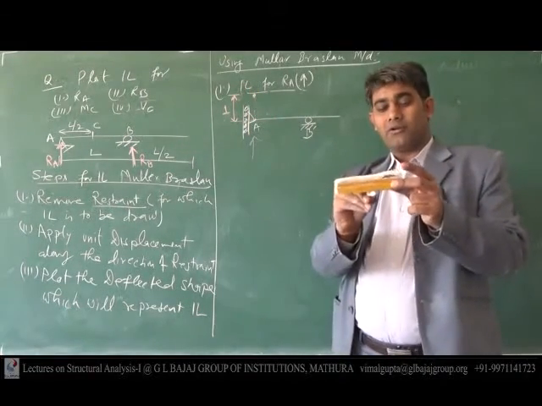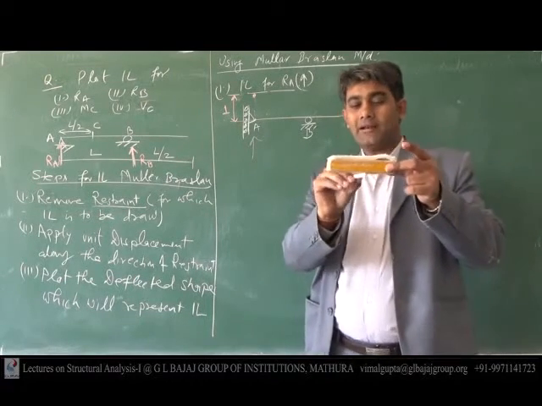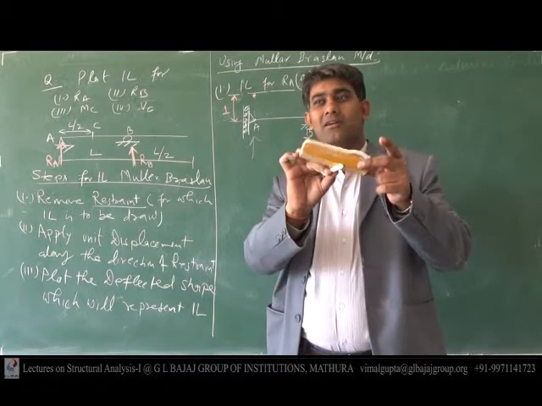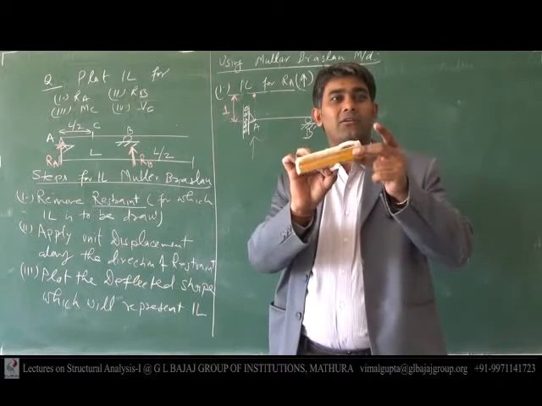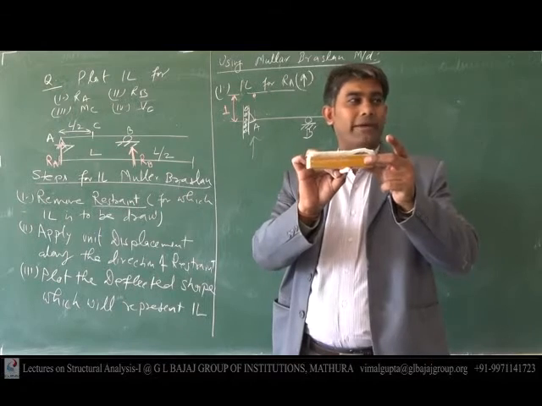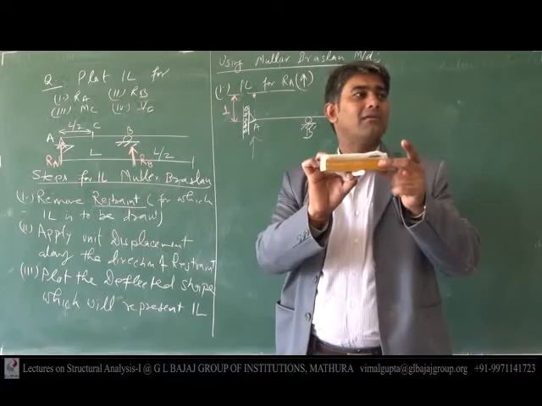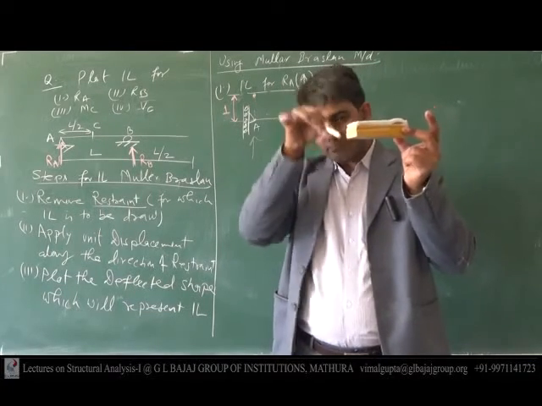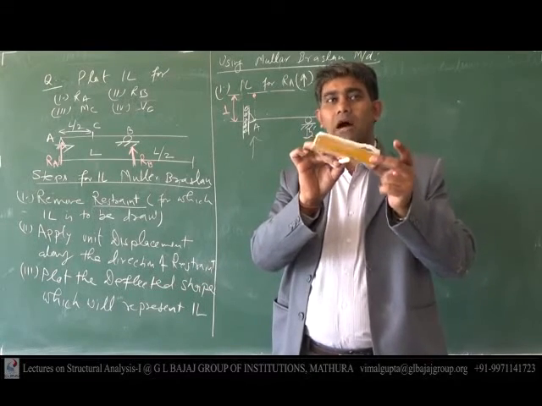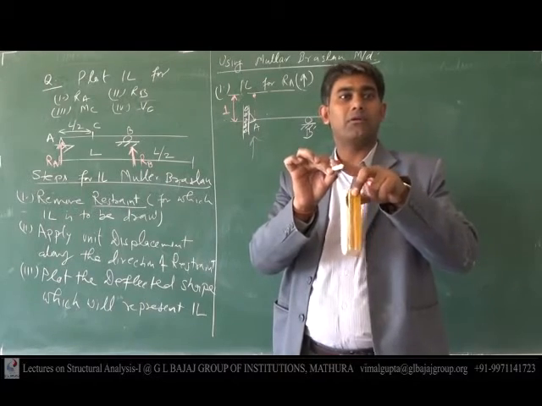If this point is A and this point is B, and that point has to be shifted over here, then this beam is going to swing, like a seesaw. It is going to move up and down about this single support.